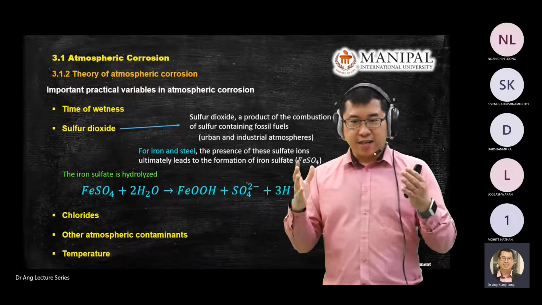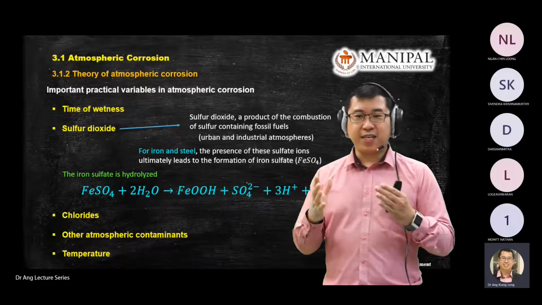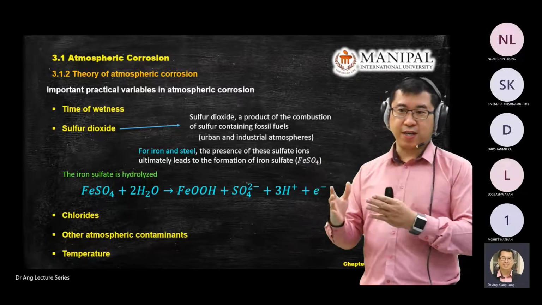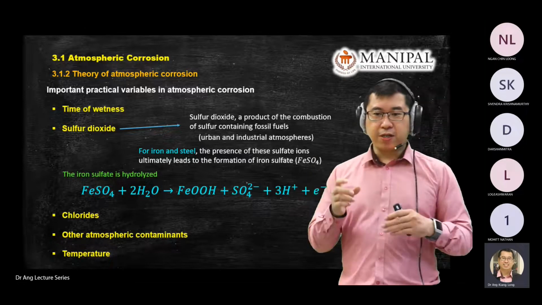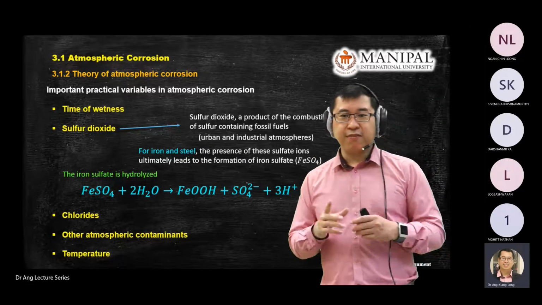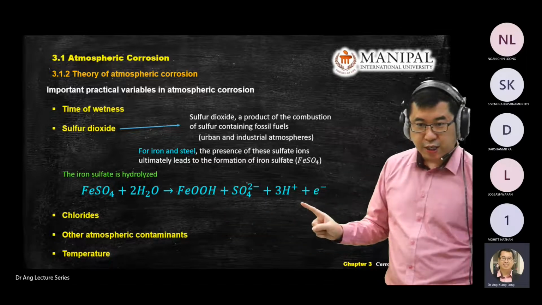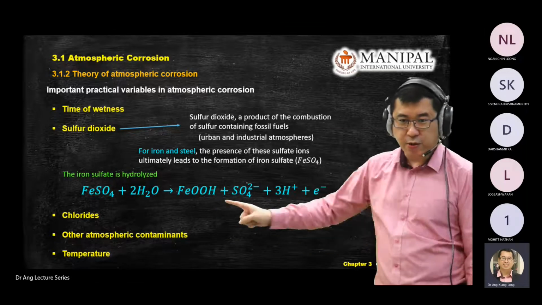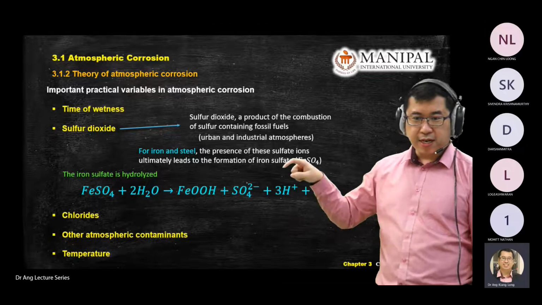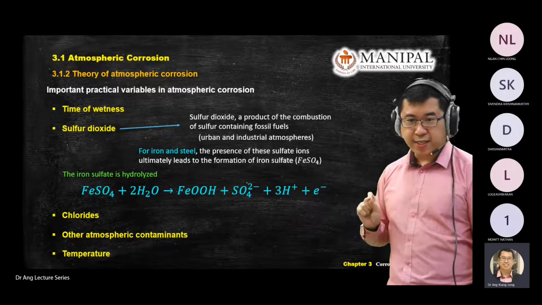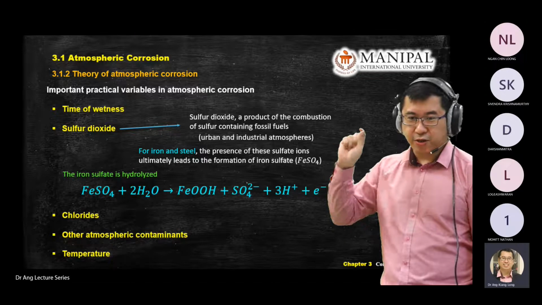Why you see a low number of pH? Why you see a high number of pH? It is because of the H positive and OH negative. Right? So in this case, when you see H positive in the equation, it means that it will contribute to acidic condition.